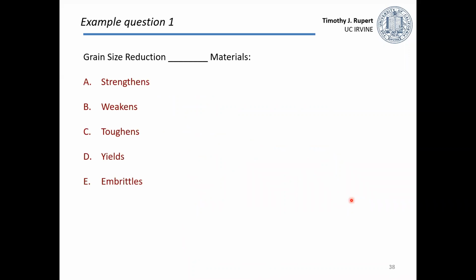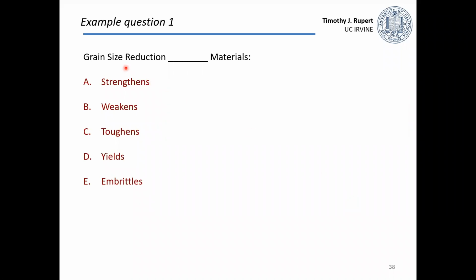Okay, so let's do some sanity checks to make sure we're thinking about this the right way. Grain size reduction will do what to materials? Will it strengthen, weaken, toughen, yield, or embrittle? Well, the major place we talked about grain size mattering is that if we add those grain boundaries, those are going to be obstacles to dislocation motion.